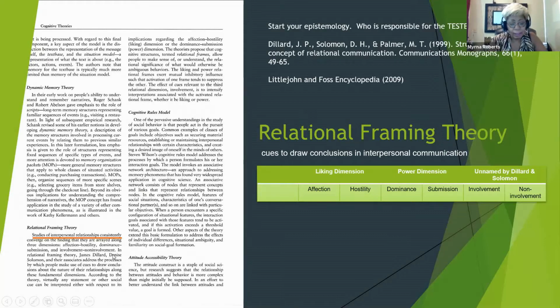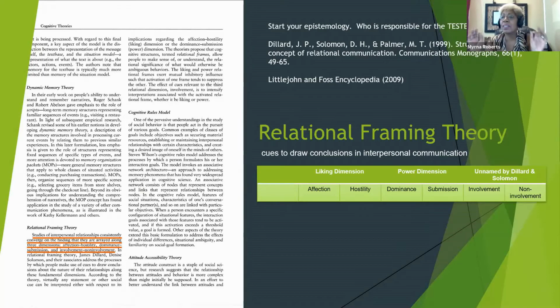I don't know if you guys can see that, but it says that studies of interpersonal relationships consistently converge on the finding that they are arrayed along 3 dimensions. See, they start talking like arrayed along, or you've got 3 dimensions or 3 domains, or there's 10 tenets to it.